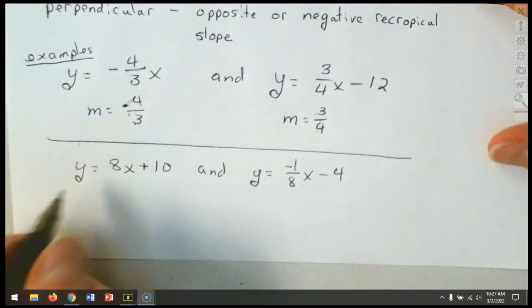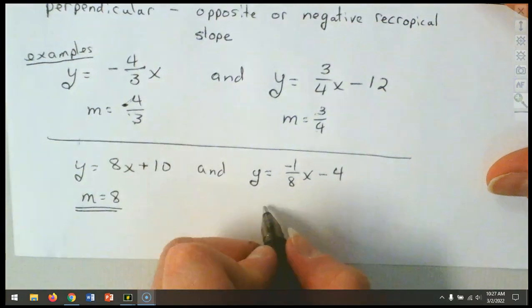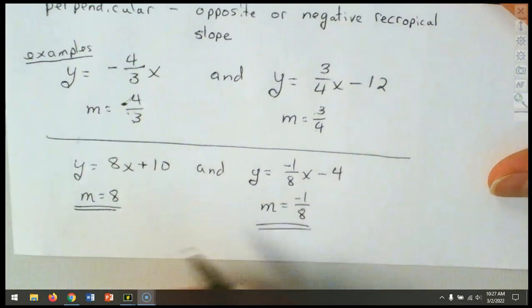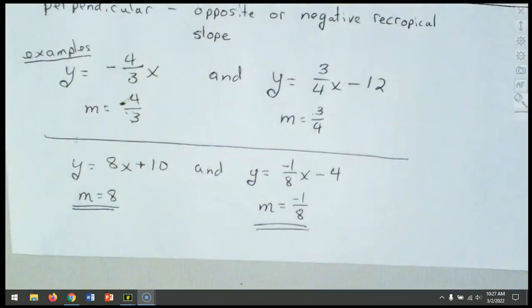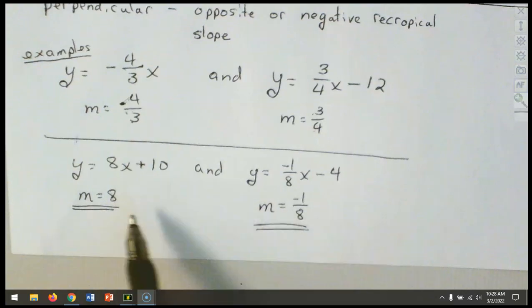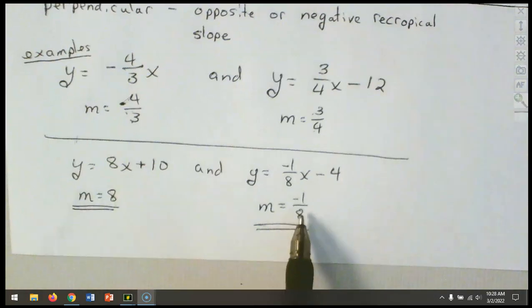Well, this one has a slope of 8, and this one has a slope of minus 1/8. So, what do we look at? We look at the slopes first and make sure they're opposite in sign. So one is positive, one is negative, and they are. Now, what happens if I take 8 and I flip it over. Okay, so that's 8 over 1. If I flip it over, then I get the 1/8, right? Flip it over, you get the other one.